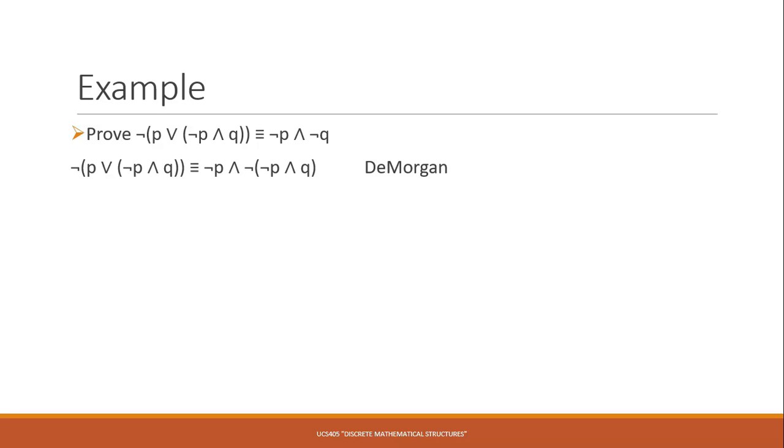When applying De Morgan's law, the or will be converted to and negation of this expression. Again we apply De Morgan's law in this expression. We get negation P and negation of negation P, which is P itself, and the and will be changed to or, so it will be or and negation of Q.